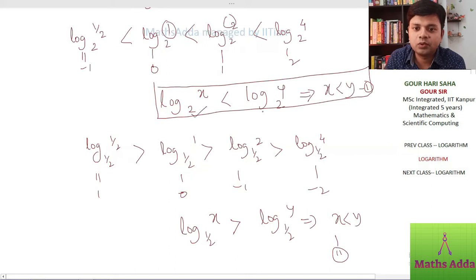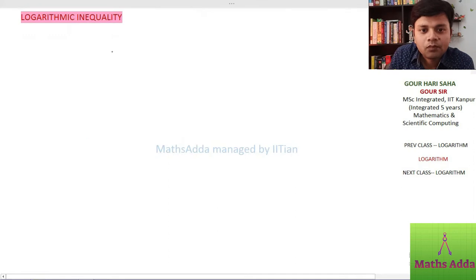When base is more than 1, it looks like you remove log: log x less than log y, remove log, x is less than y. When you see base is half, that is less than 1, log x greater than log y, when you remove log it just becomes opposite, x is less than y. So let us write this.